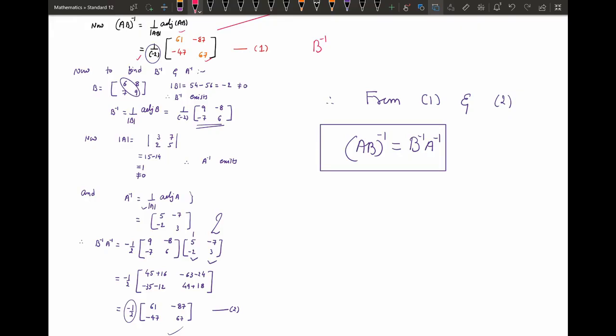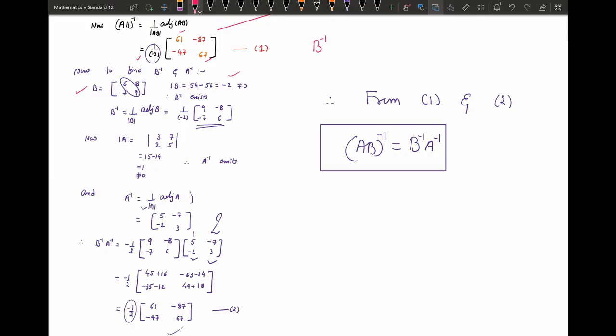So this determinant B is -2, which is not equal to 0. So B inverse exists, and by the formula, B inverse is 1 upon determinant B into adjoint B.